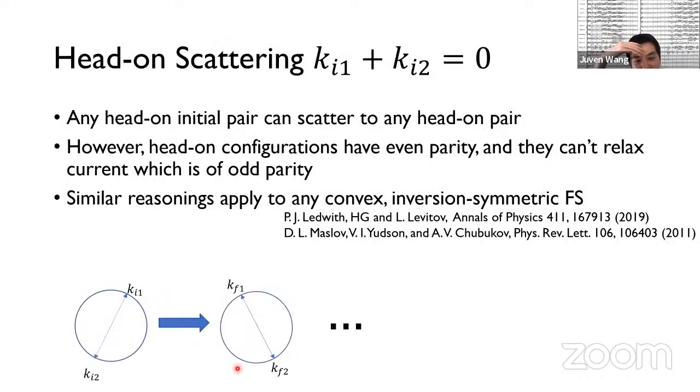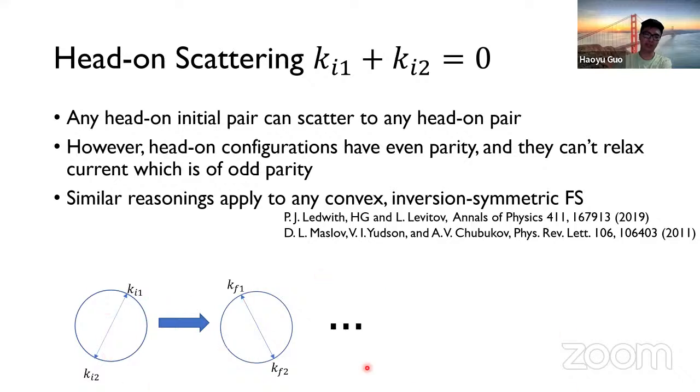Yeah, so for example, in this head-on scattering picture that I described here, the only states you have are those on the Fermi surface. For states on the Fermi surface, what you get is only this kind of head-on scattering. But this kind of scattering can only relax the modes with even parity. For example, you have a particle here, a particle here, here's a bump, here's a bump.